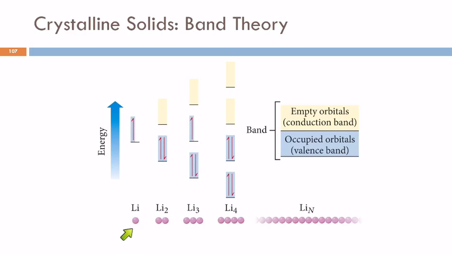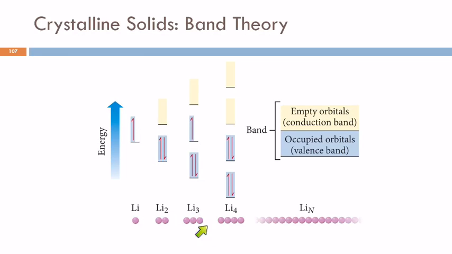So here is one lithium atom. It has one valence electron in the 1s orbital. When we combine two lithium atoms, they each have that 1s orbital, and those combine in a molecular orbital to form a bonding orbital and an anti-bonding orbital. The anti-bonding is higher, the bonding is lower in energy.